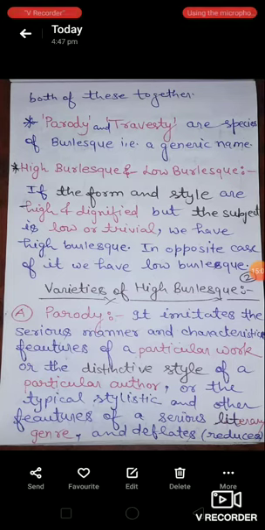Why? Because these few have a very unique style of speaking, a very unique manner of speaking. Their voice and their style is very much different from others. That being different makes them able to have mimicry of that. So in parody also we find that distinctive style of a particular author is being imitated.